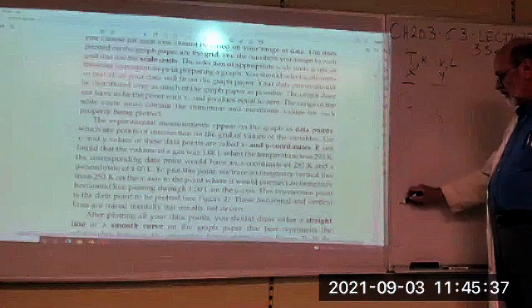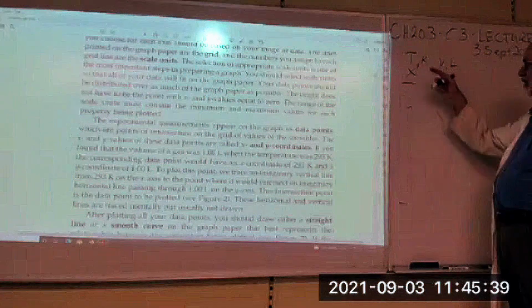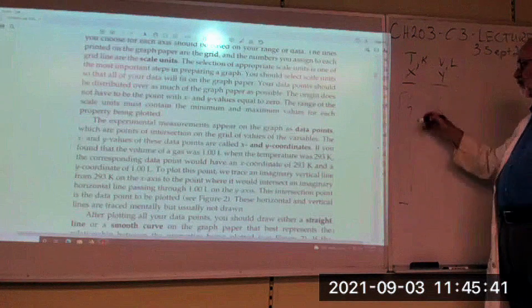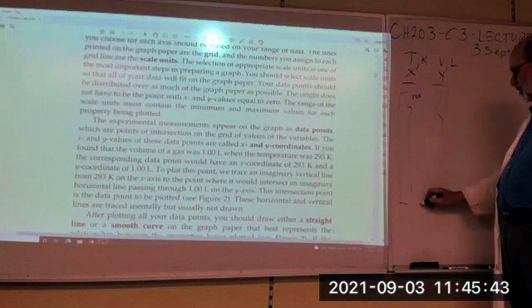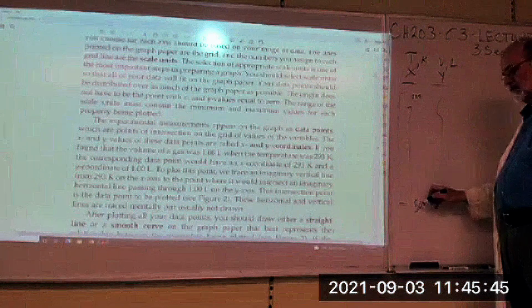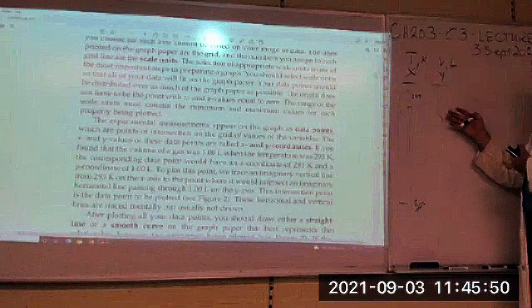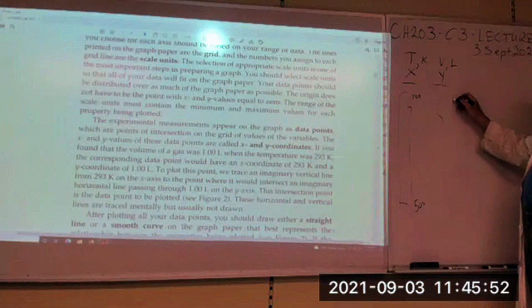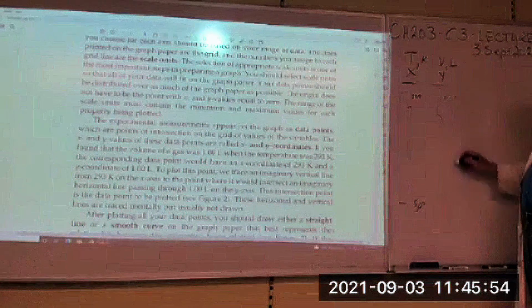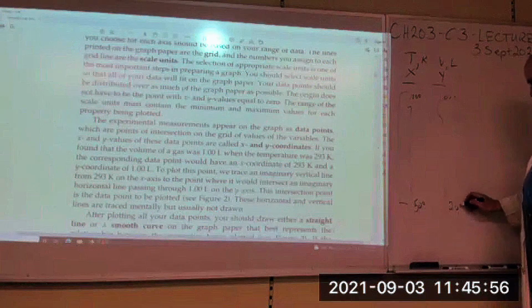What range are you covering here for that temperature? Are you going from maybe 100 K here to 500 K, or whatever the range happens to be? And over here, the response, liters, maybe it's a tenth of a liter here, and up here it's 20 liters.